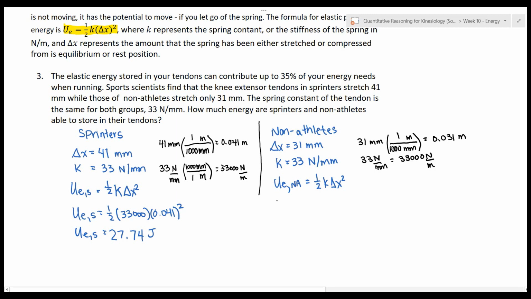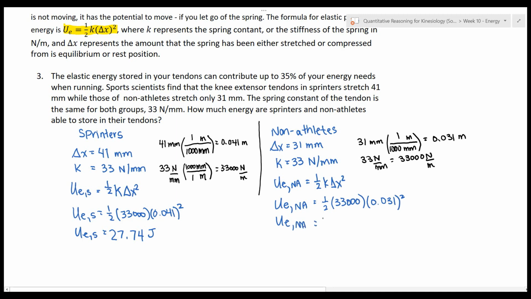Now we can go ahead and do the same thing for the non-athlete. Elastic potential energy of the non-athlete equals 1/2 K. My K is still 33,000. Delta X, which was 0.031 squared.